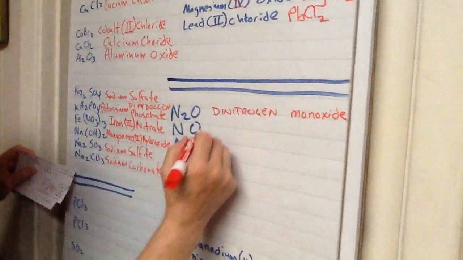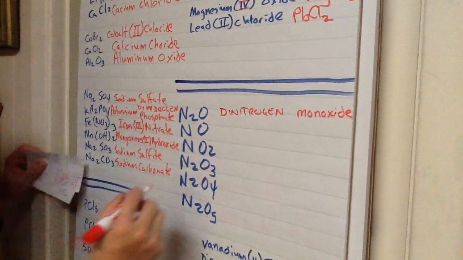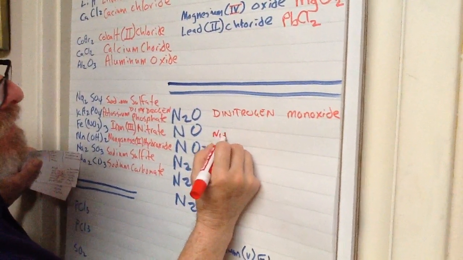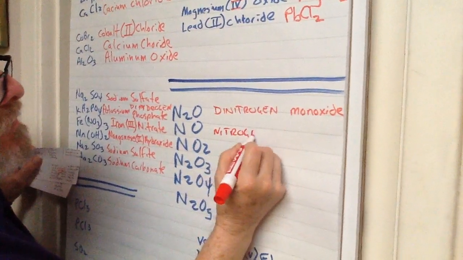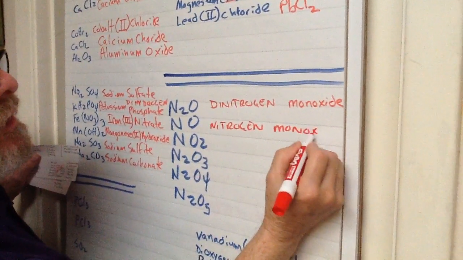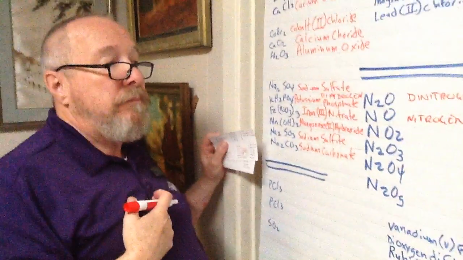Okay? And then this one, which we actually call nitric oxide, is nitrogen monoxide. You may have heard of carbon monoxide.